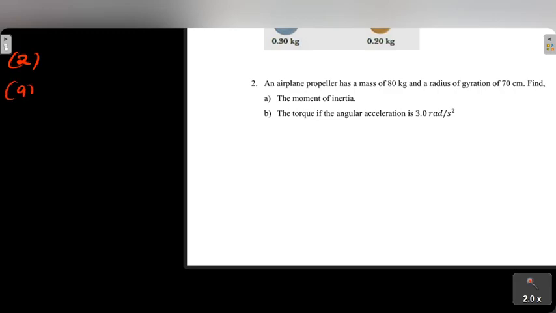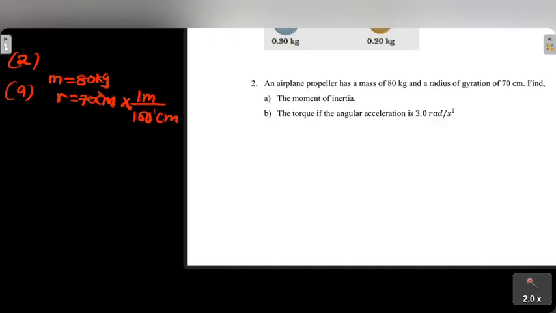For A, we have to calculate the moment of inertia. We have been given the mass of this propeller, which is 80 kg, then the radius of gyration, which is 70 centimeters. We use standard units for length, so we'll convert this to meters. You know that in 1 meter we have 100 centimeters.